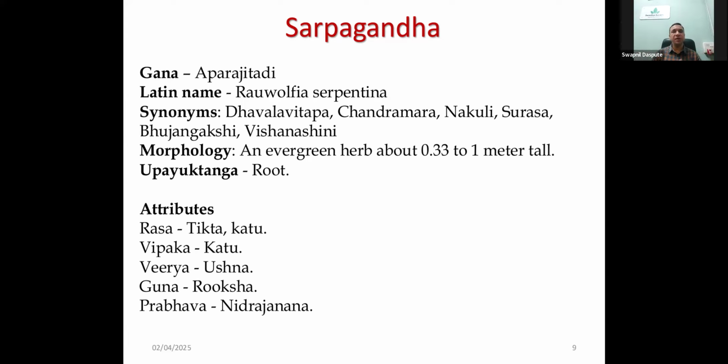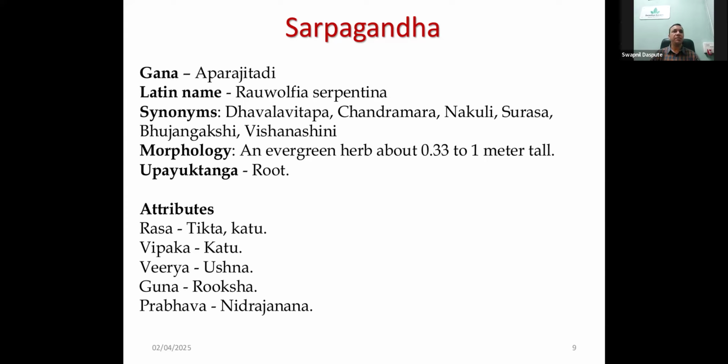Now, what is the smell of a snake, I would not be able to get into those details, but when it was given a name for the first time by any rishi, they might have realized that it has a smell or aroma which is similar to the smell of a snake, maybe. I just gave you the literal meaning of the word.